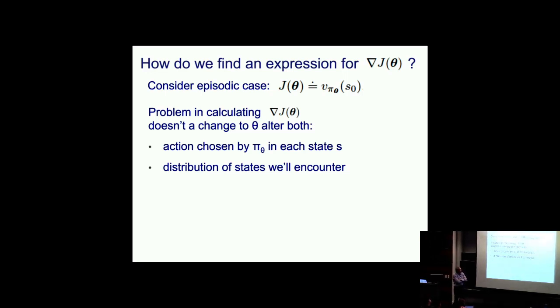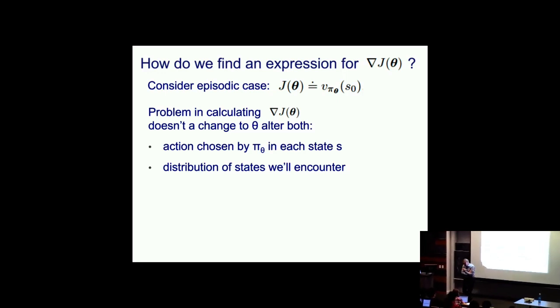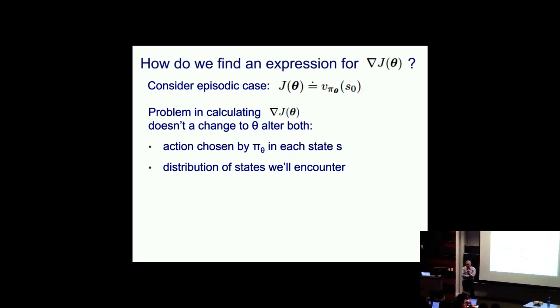And we want to pick theta to maximize that. And one problem is if you think about computing the gradient of J, which again means how much a small change to theta sub i will alter the value of J.